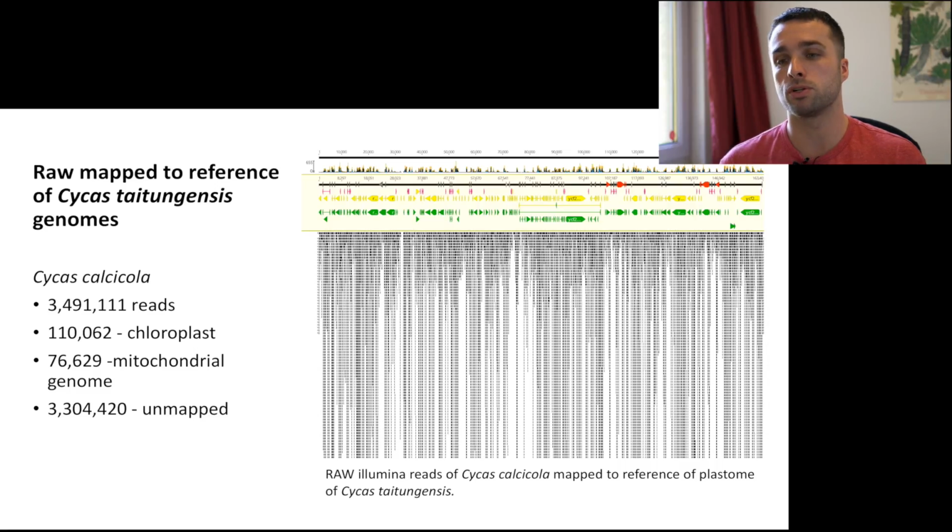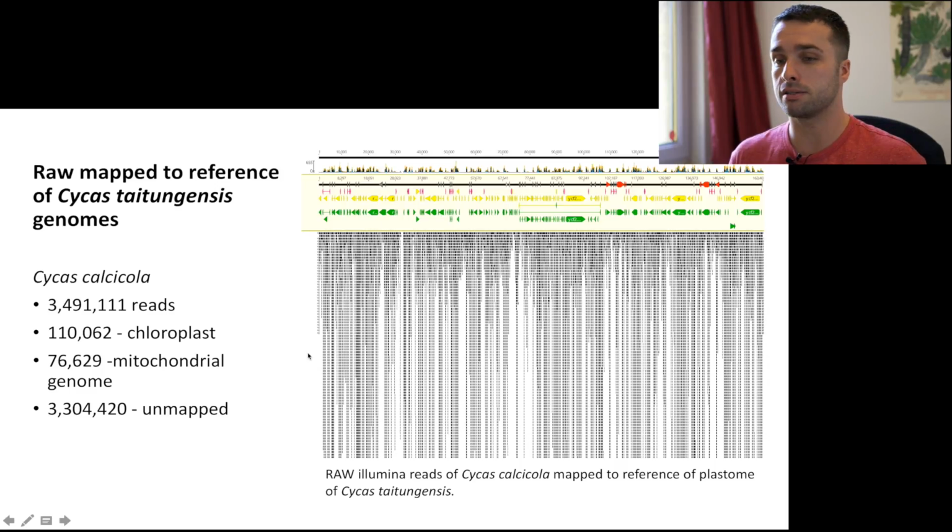Once we filtered all these reads, what we thought we would do is align them to a reference genome, actually a reference chloroplast and mitochondrial genome, to see where our reads actually lie in the genome. You can see just here, this is the reference sequence of Cycas titarensis, and this is Cycas calcicola mapped to titarensis. So this is from the chloroplast.